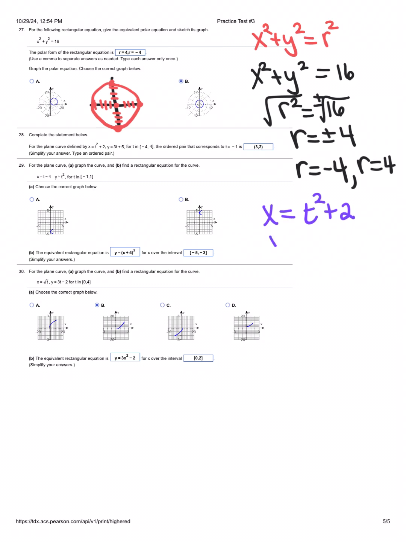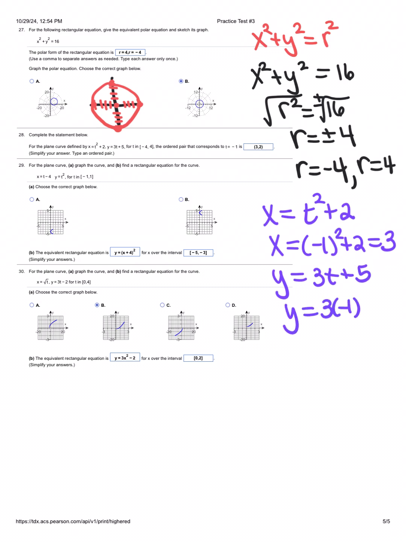When t equals negative 1, negative 1 squared plus 2 gives me 3. And for the y value, y equals 3t plus 5. When t equals negative 1, y is equal to 2, so the point would be 3, 2.